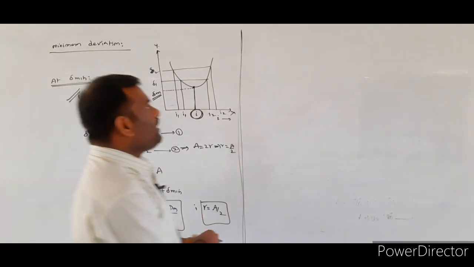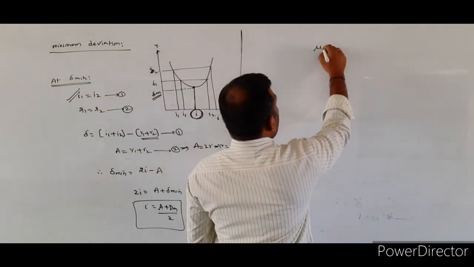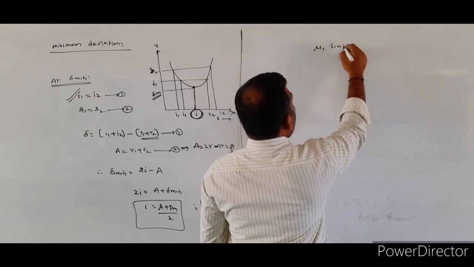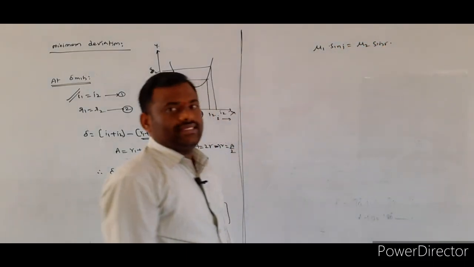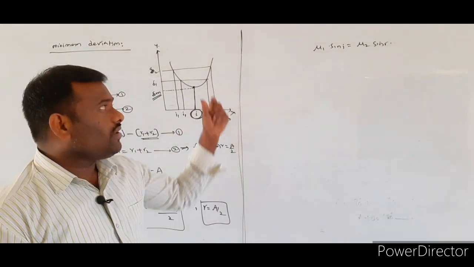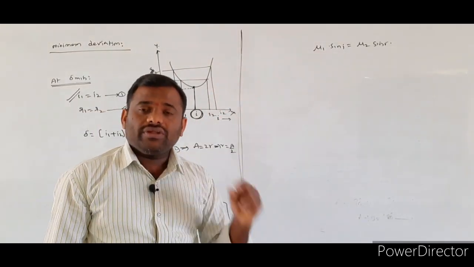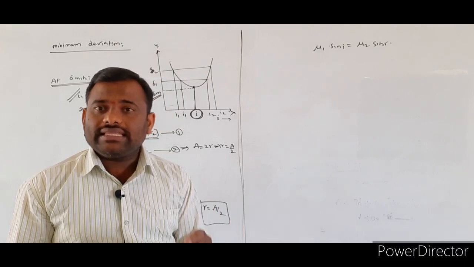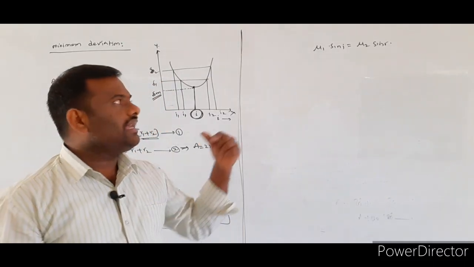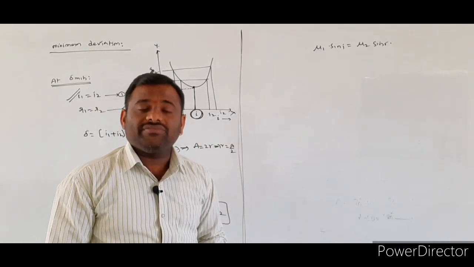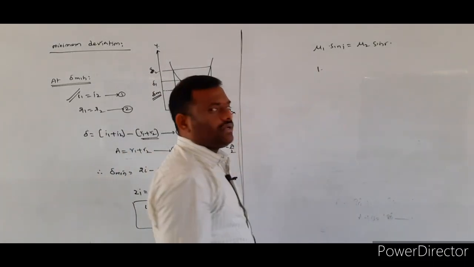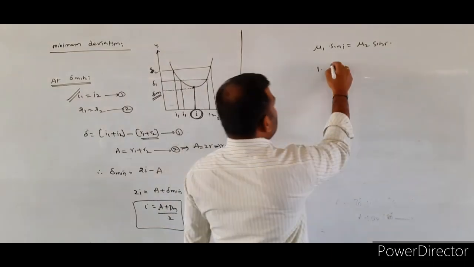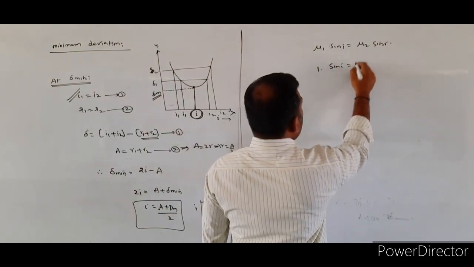Now, I am applying Snell's law of refraction. What is Snell's law of refraction? Mu1 sin I is equal to mu2 sin R. Mu1 is the refractive index of the medium where the incident light was present. Here we assumed that the light rays are coming from the air medium, for which the refractive index value is equal to 1.